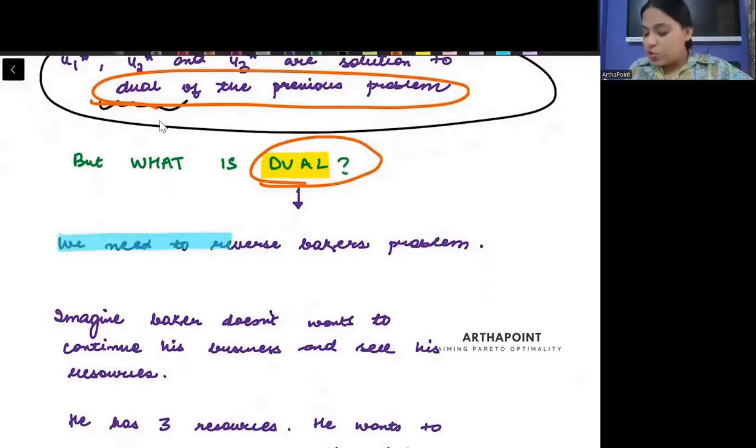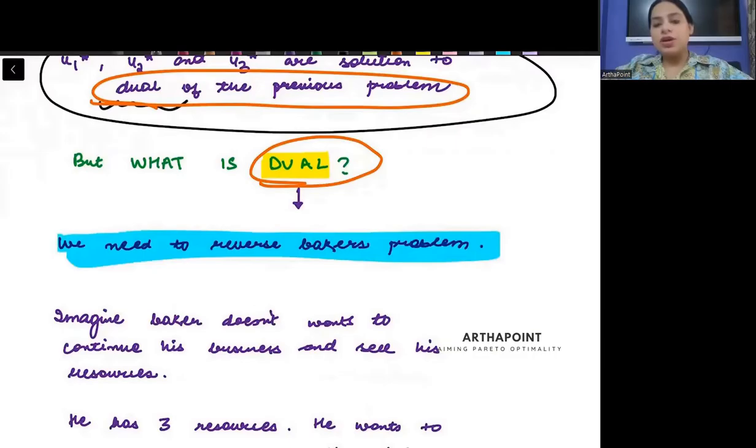To create the dual, we need to reverse the problem of the baker. We need to reverse and see how the baker is going to think in this case. Is this making some sense to you, beta? Right? So now we have to think from the point of view of the dual.